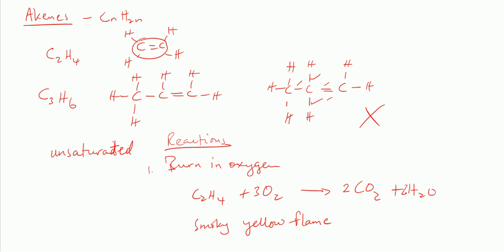So we know that alkanes undergo substitution reactions. But the thing is, alkenes, they undergo addition reactions, right? And there are several reactions that you need to know. So alkenes, they undergo addition reactions. Make sure you know that.